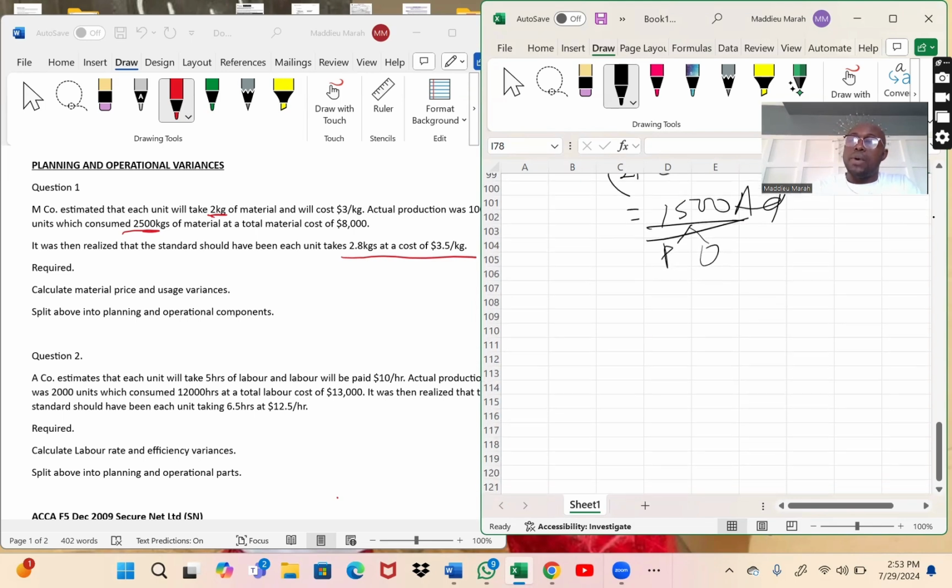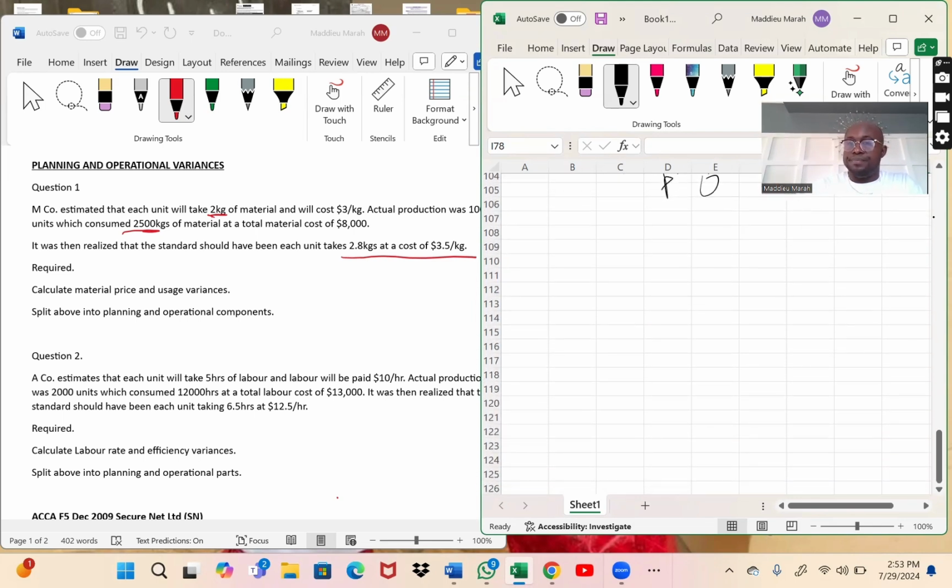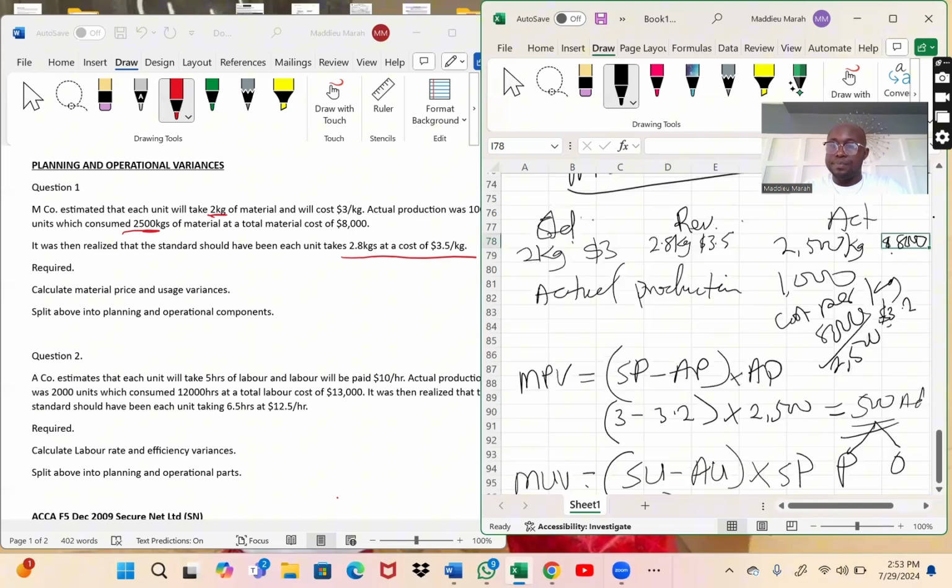So now let's look at our planning variance. Material price planning variance. In our earlier definition, I told you that planning variance is compared to things. I gave you that diagram, right? Let me take you back to this diagram.